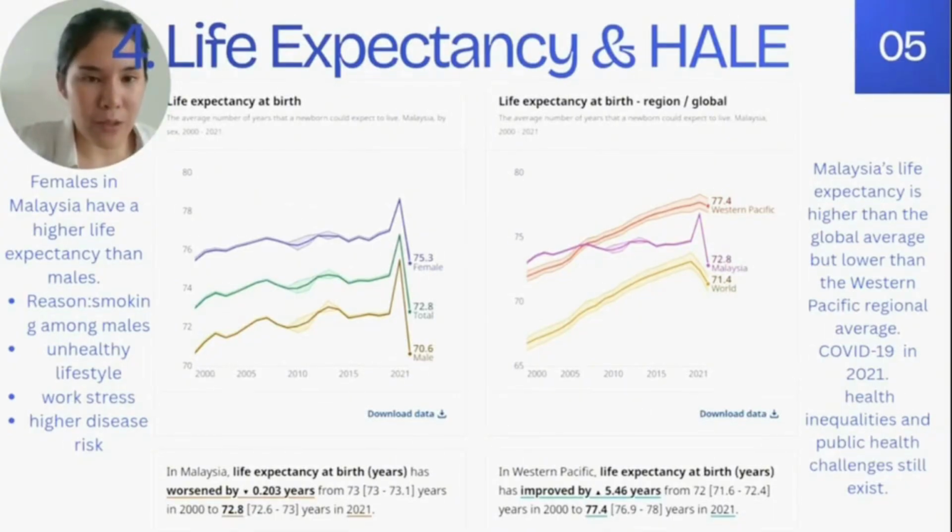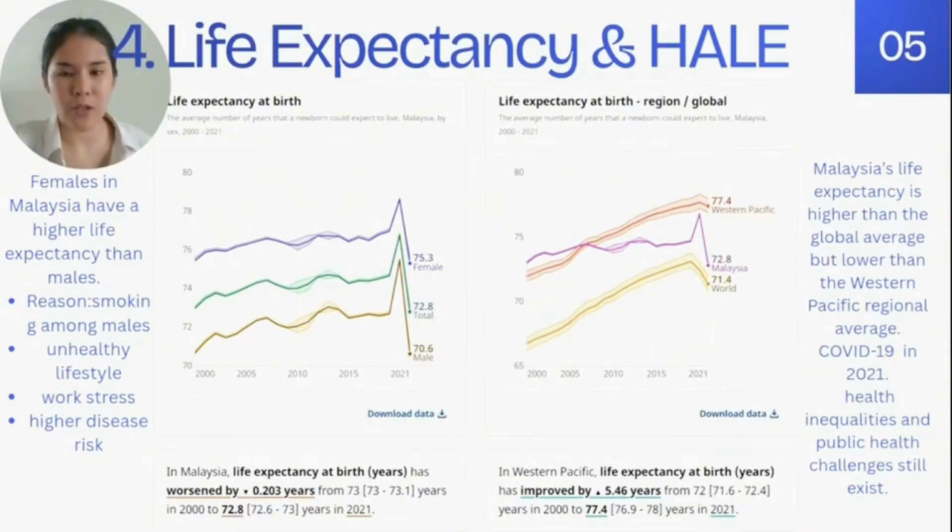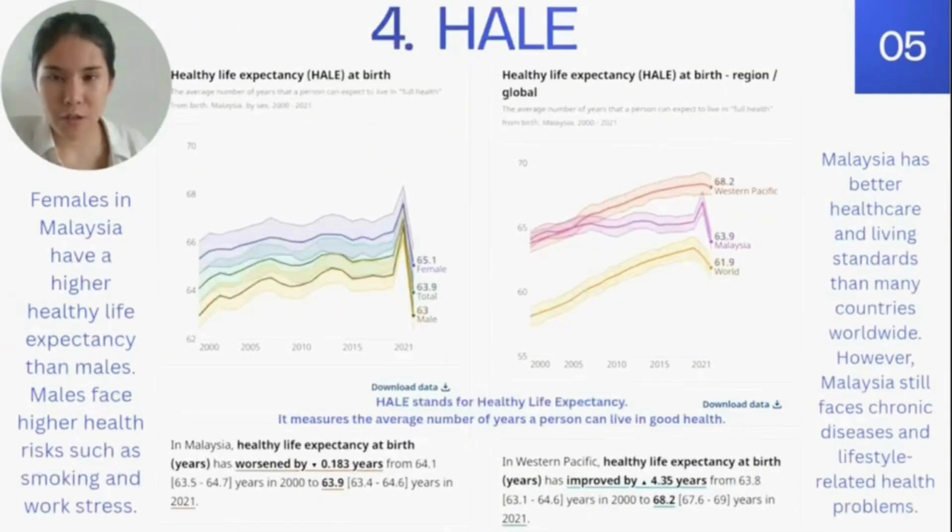Malaysia's life expectancy is higher than the global average, but lower than the Western Pacific regional average. Because of COVID-19 in 2021, inequalities and public health challenges still exist.